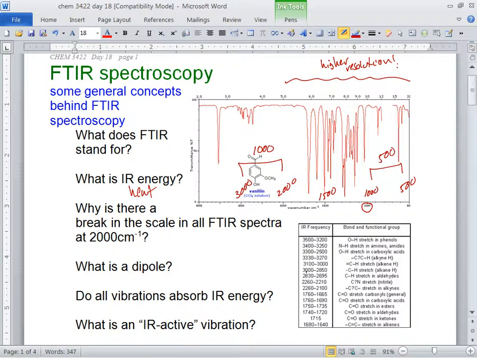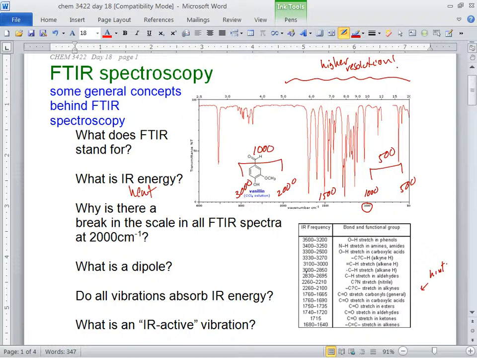Why? Here's a hint. The tables, yeah. Pretty much all that stuff in the tables is in this region down here below 2,000.